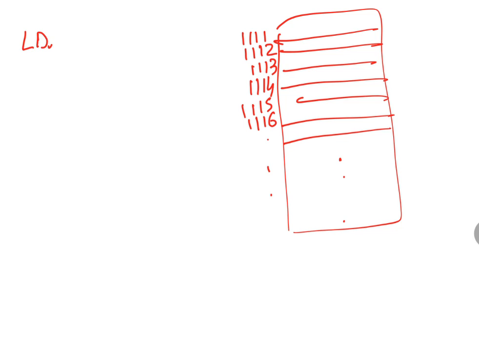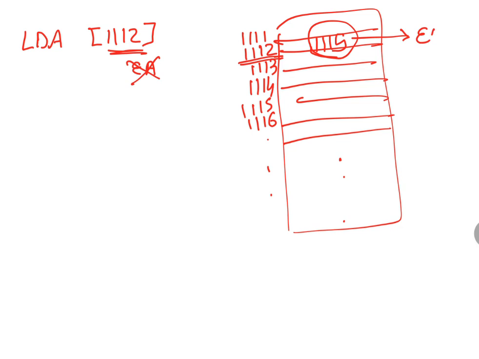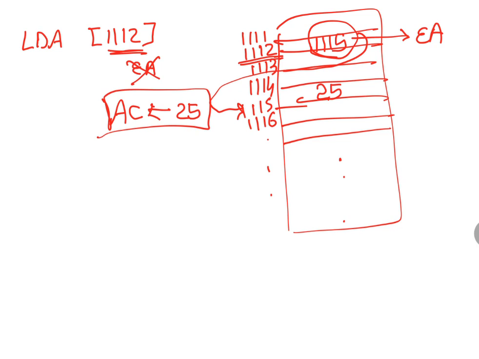And if I have LDA and then 1112, this is not my effective address. It will search for 1112. Here suppose I have 1115, so this is my effective address. So it will again go to 1115, and here suppose I have data 25, so then the accumulator is loaded with the data 25, right?